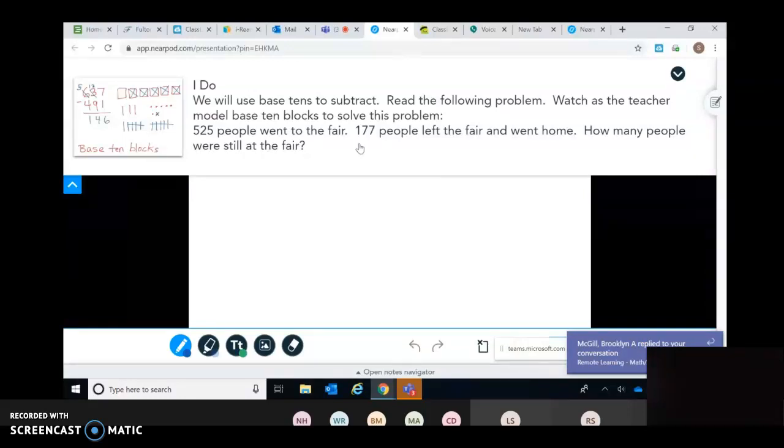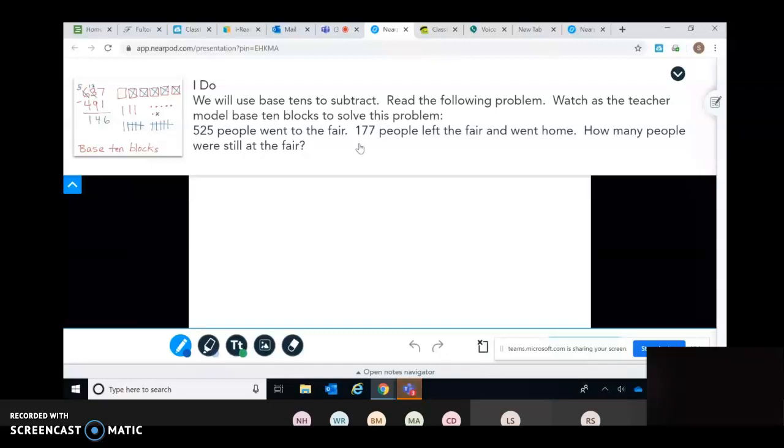So 525 people went to the fair, 177 people left the fair. So now you have a group of people in the fair and a group of people who left. I'm not going to add that to the group, so I think this calculation is subtraction.